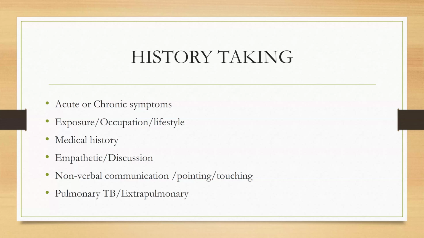And of course, the lifestyle. Then you need to establish the medical history. You may even have an opportunity to know that the person you are attending to may have been treated for TB previously. So we have to delve into that. Then the history taking process should be empathetic, and it should be more like a discussion with the patient, not interrogative.